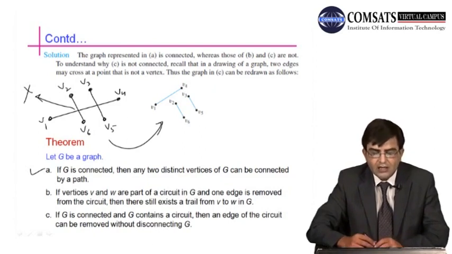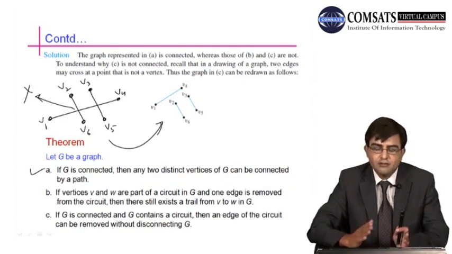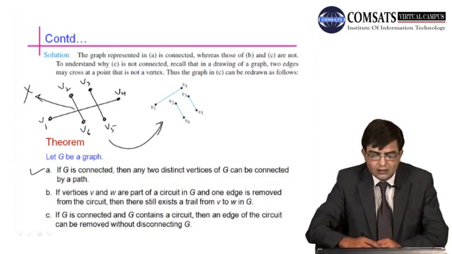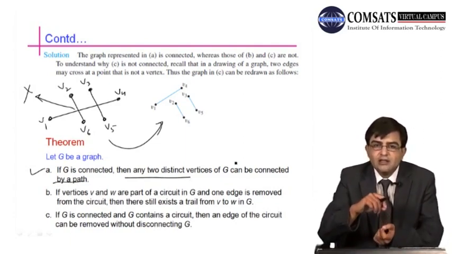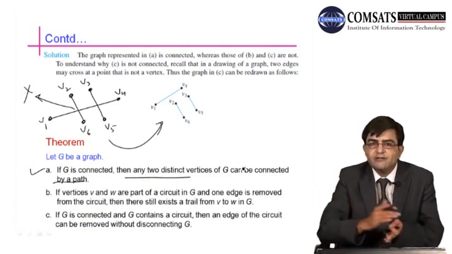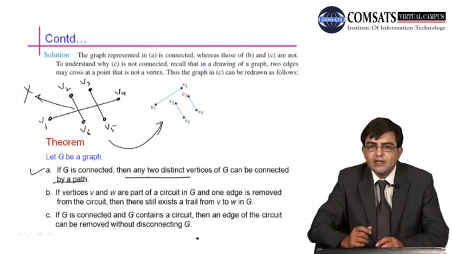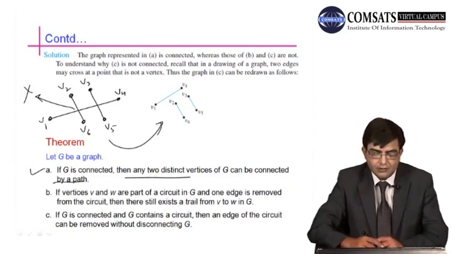It's obvious: if G is a connected graph, then if we take any two vertices, we can construct a walk from the first to the second. That is, we can create a path from the first vertex to the second vertex. What is a path? A path is a trail which doesn't have any repeated vertices. Edges are also non-repeated because it must be a trail also.